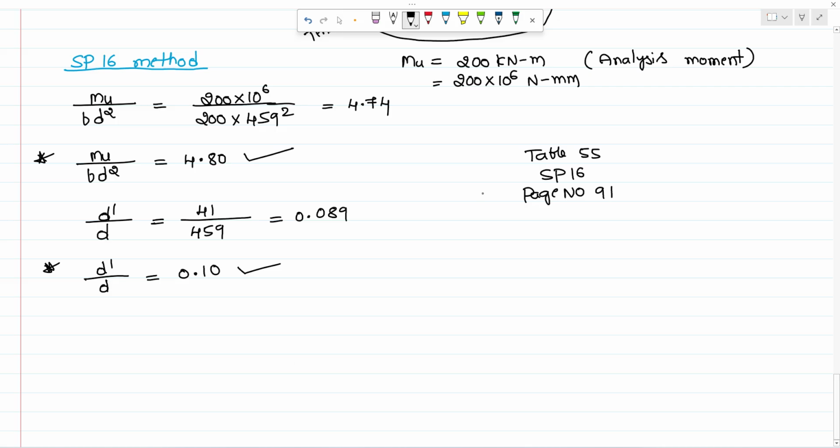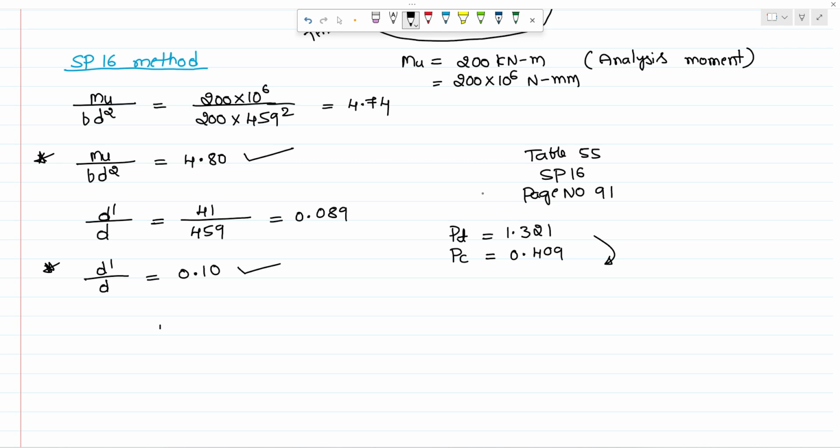So let me record it. Percentage of tensile reinforcement PT is 1.321, percentage of compression reinforcement is 0.409.